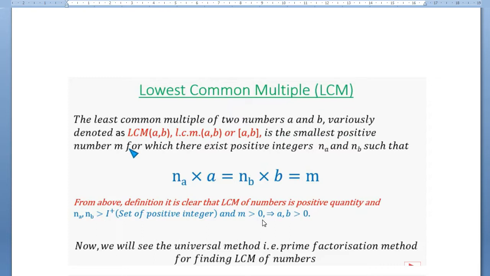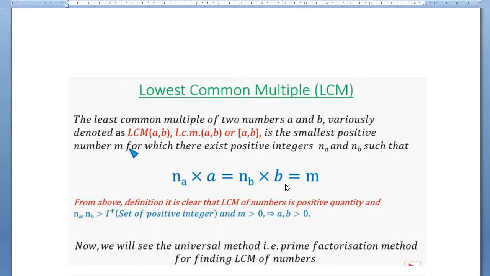As per this definition, the values A and B are obviously greater than 0, so there is no negative concept for LCM. This is our general concept of how LCM is determined by using the simple elementary method.